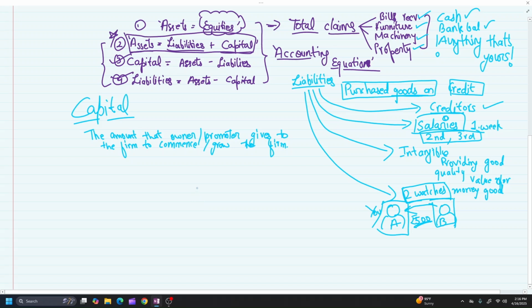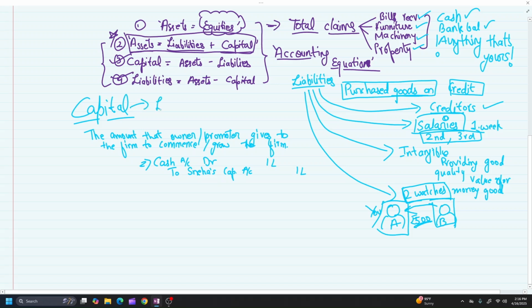If you remember the journal also, Sneha commences business with cash. So what you do is, cash account debit to Sneha's capital account, 1 lakh. That's how you do it, right? You give money to the firm so it can commence. So it's basically known as capital.